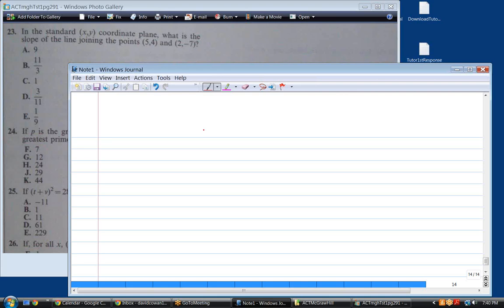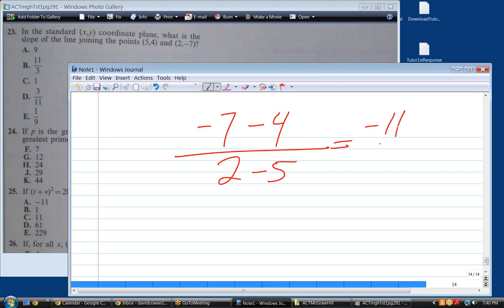Okay, so 7 minus 2. Oh, that's a 4, sorry. That's x and y. So, negative 7 and minus 4 over 2 minus 5. Okay, what's that? And that'd be negative 11 over negative 3.